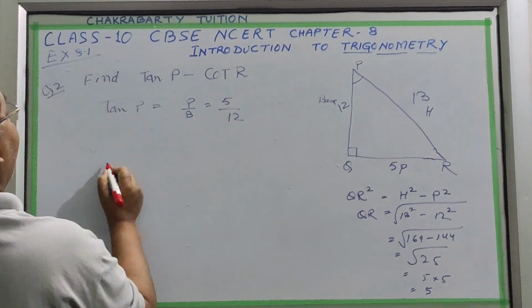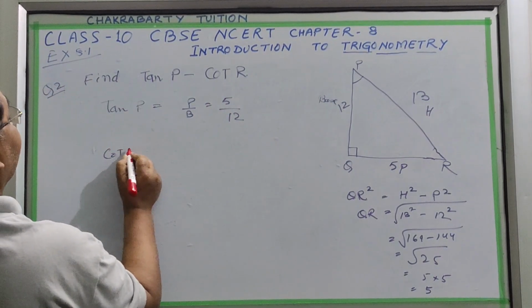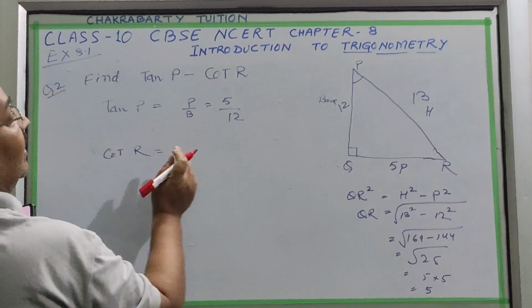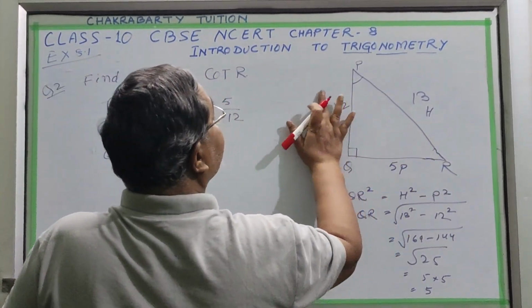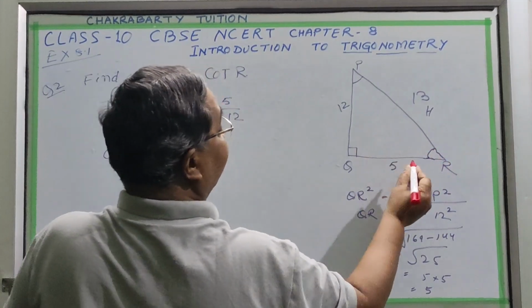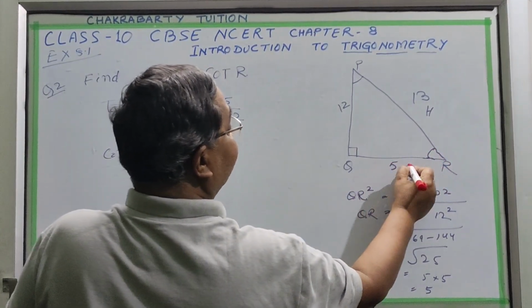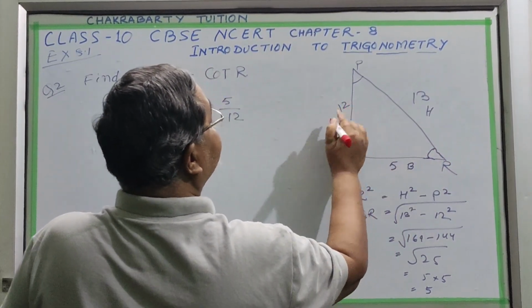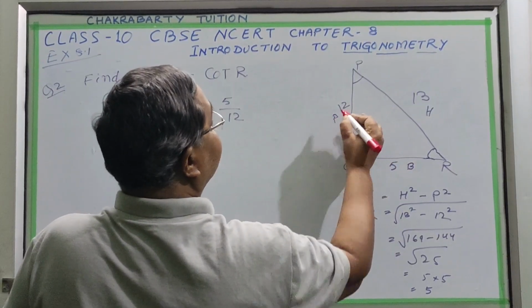Okay. Now we will find cot R. Now we are taking the same figure, but now theta is here. So the line adjacent becomes your base, and the opposite line becomes your perpendicular.